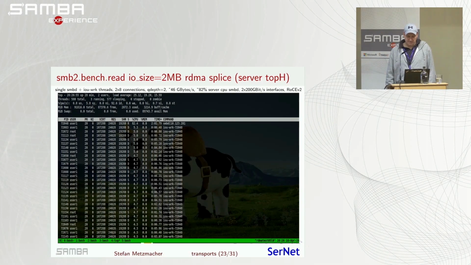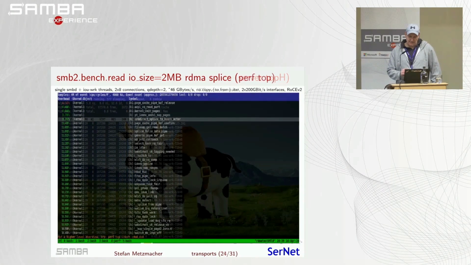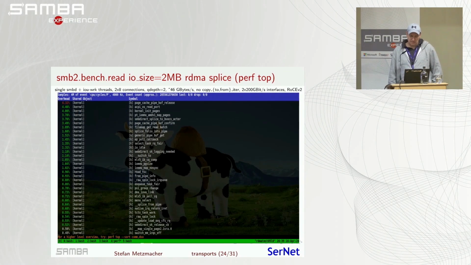But I have plans how I can avoid that, so that we only have a few of them instead of a lot of them with just 5%. But here we see page cache buffer releasing is the only thing that pops up in PerfTop.